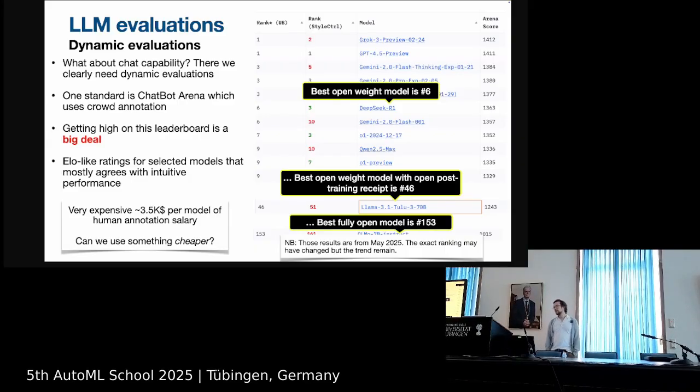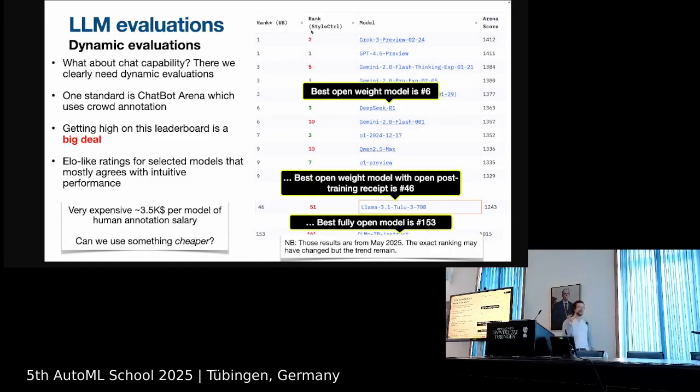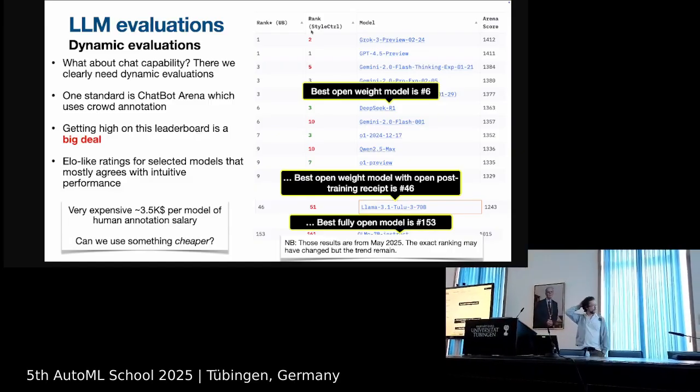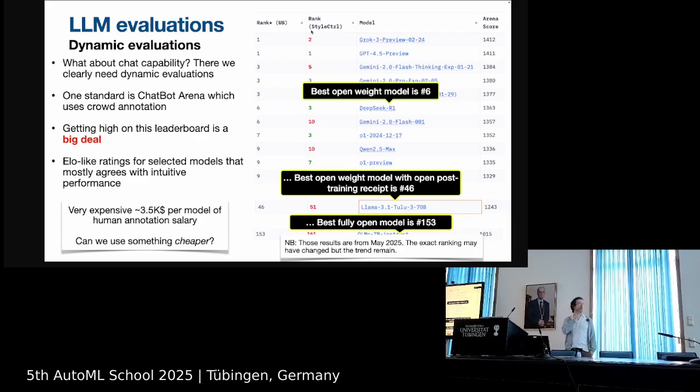No, it's a great point. If you look here, the second column is rank with style control. In this particular case, I don't know, but I know some papers have a causal model for the style, and then they remove this effect. You saw the example, I did not read the answers thoroughly, but I think most people don't.